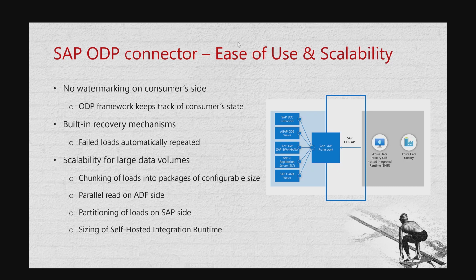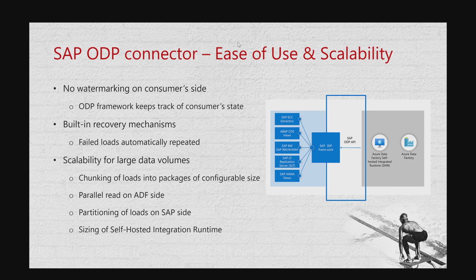There's nothing you have to worry about. And that's basically how ODP handles this, and that also means that the modeling on the consumption side is very, very simple. As I said, nothing you have to worry about. You design your pipeline, you run it multiple times in delta mode, and you will get the right change feed.